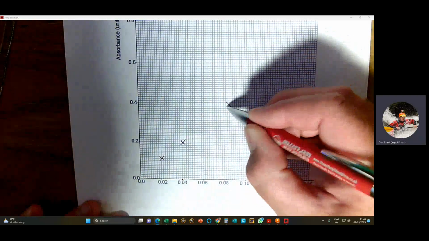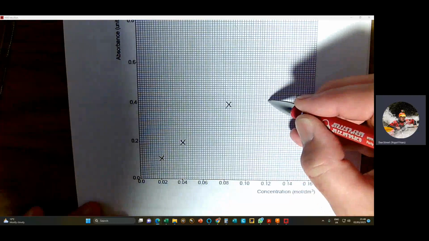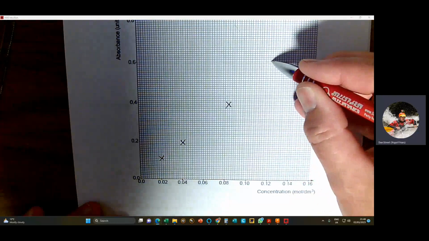And that's at 0.4. Then we've got another point at 0.12, and that's at 0.6. And then finally we've got 0.16, which is at 0.8, which is right at the top, which is there.